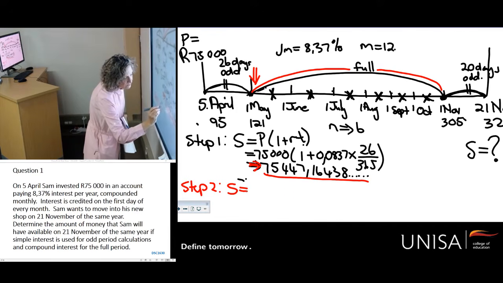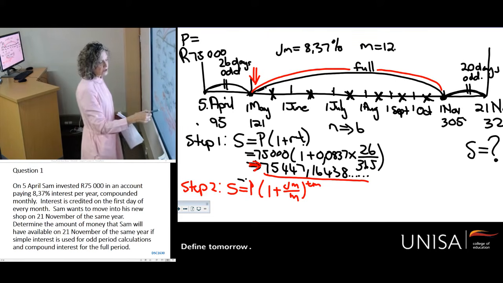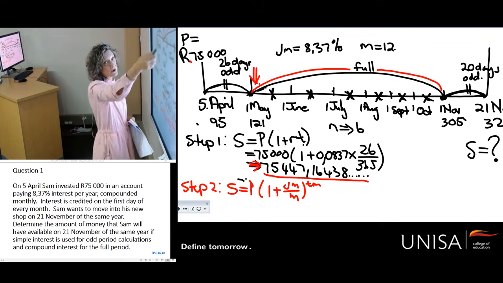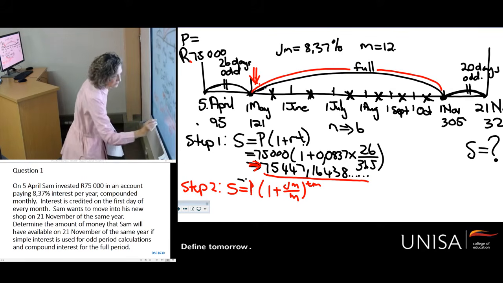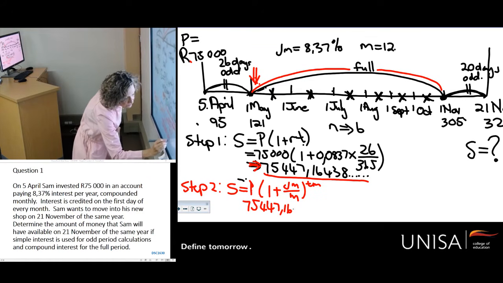Compound interest, the formula P(1 plus Jm over m) to the power of T times m. Right, what is our present value? Be careful, it's not 75,000, it's now the present value of the red, and that is the value 75447.16438.